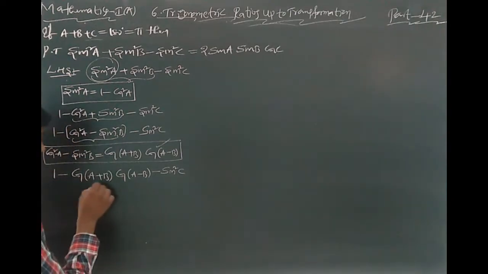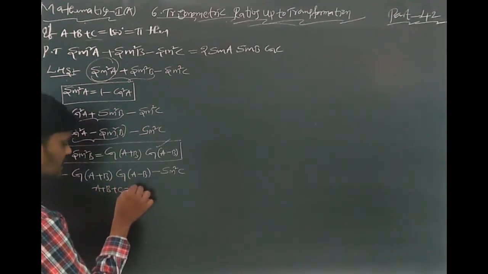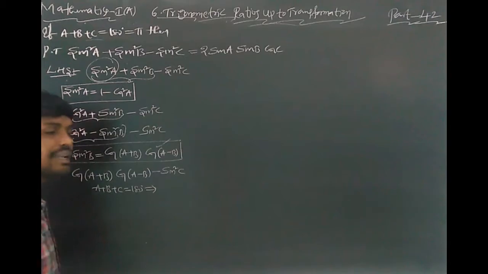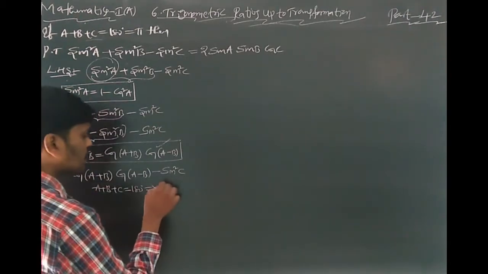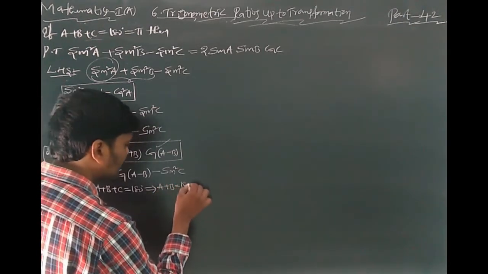You know that a plus b plus c equal to how many degrees? 180 degrees. Then a plus b equal to how much? A plus b equal to 180 minus c.